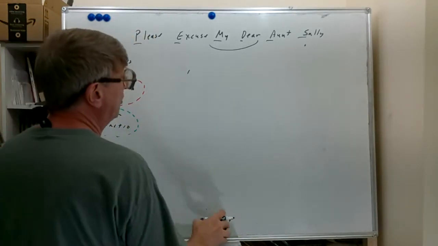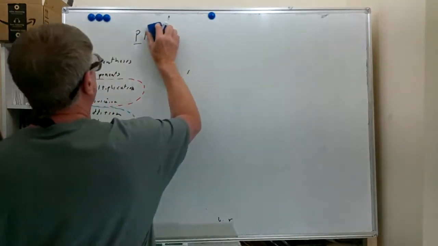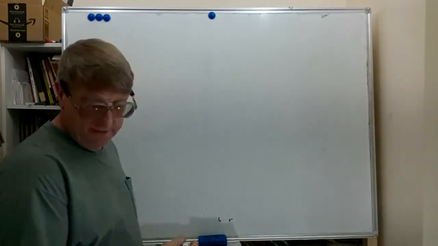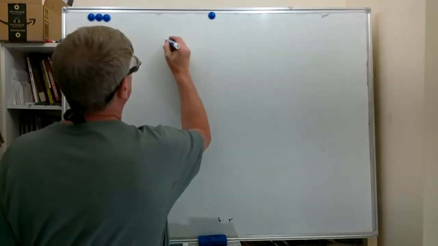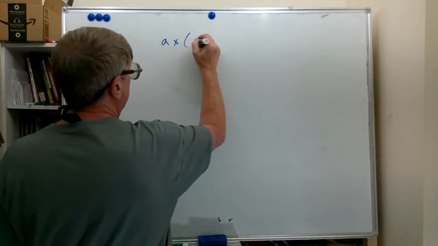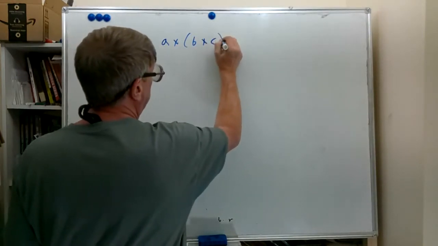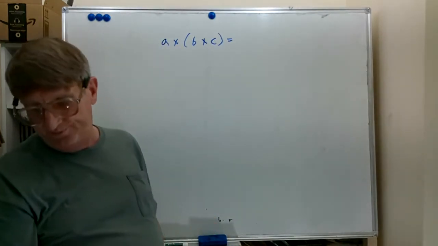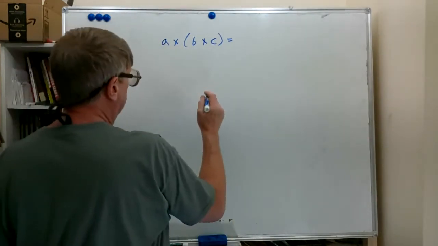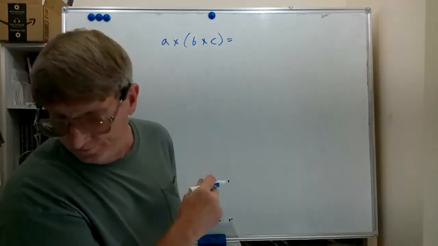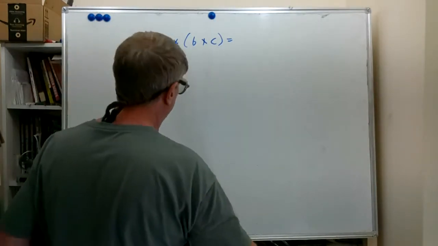Okay, I'm going to erase all this stuff. We did order of operations. We don't want to forget about distributing. A times, in parentheses, B plus C, equals.